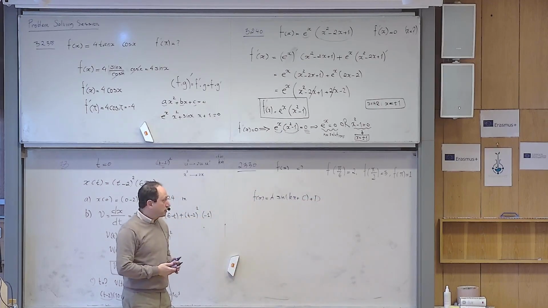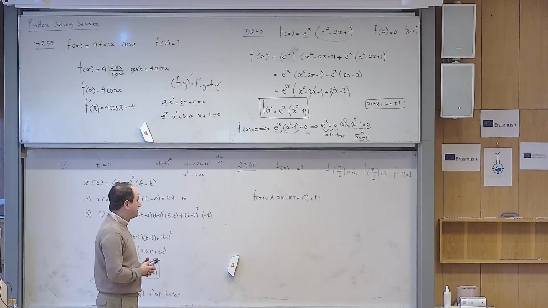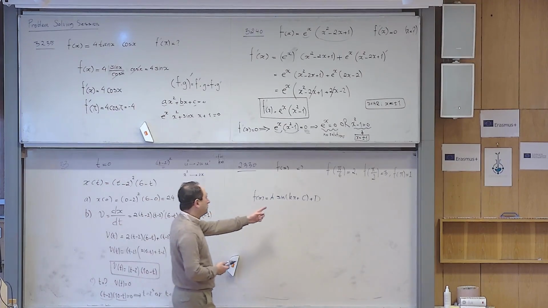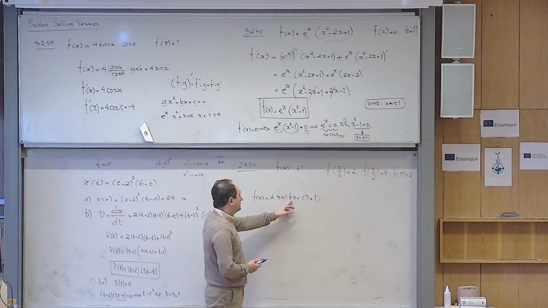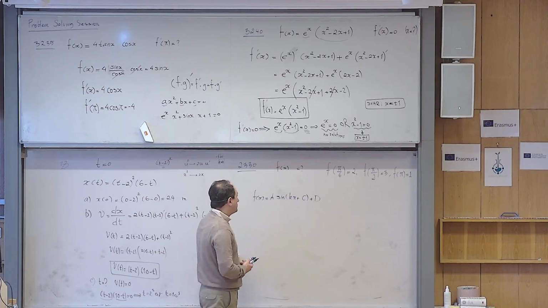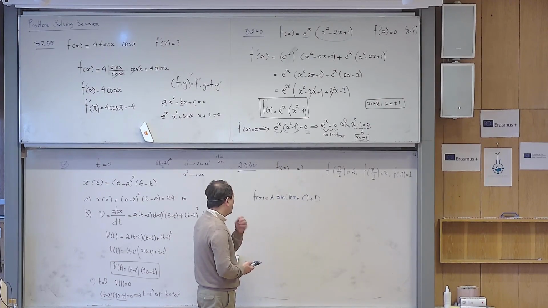If you come up with the answer somehow by guessing, that's also okay. But it means that when I put pi over 6 there, the answer is supposed to be 2. And pi over 2 is 3, pi is 1.